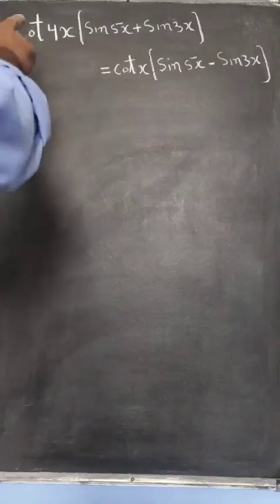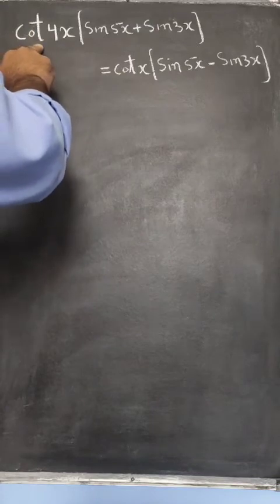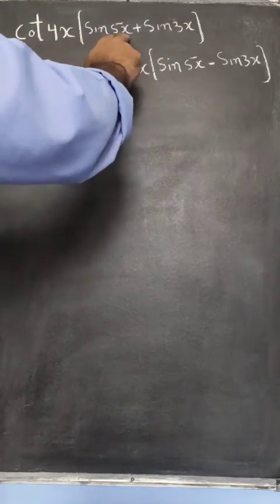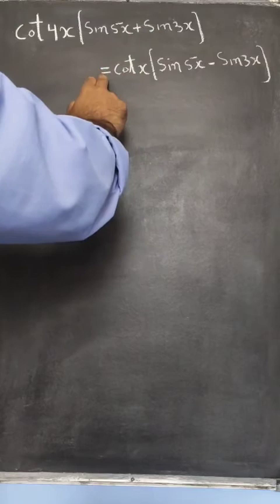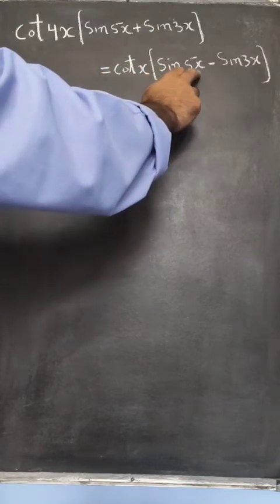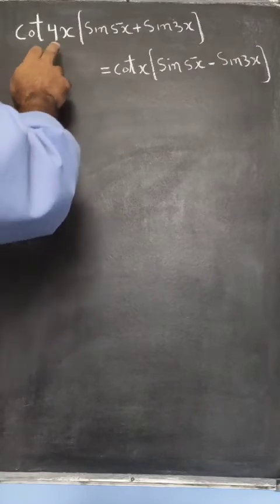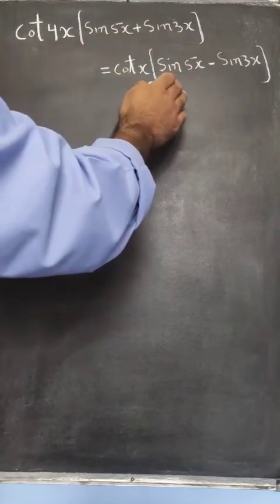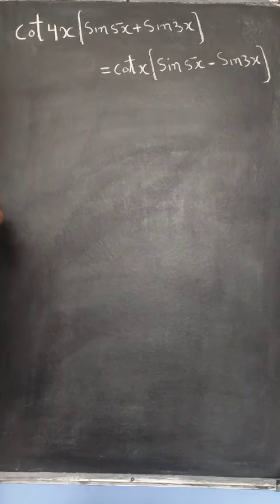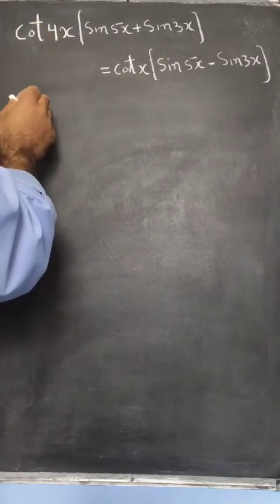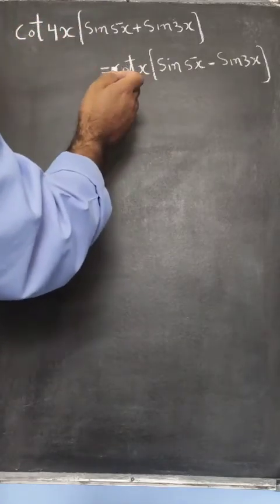Now our next question is, in this question we have to prove cot 4x into sin 5x plus sin 3x is equal to cot x into sin 5x minus sin 3x. So we have to prove LHS is equal to RHS. For that, we will take LHS and we will show that this is equal to RHS.